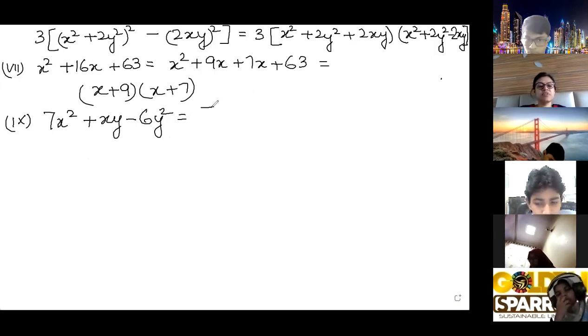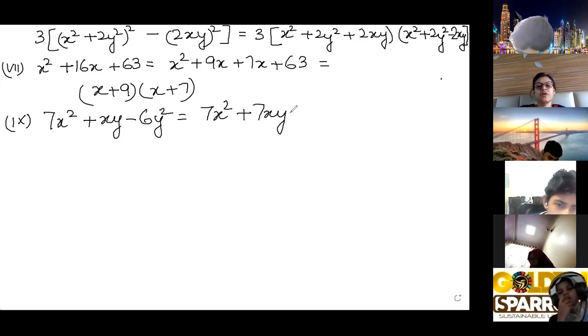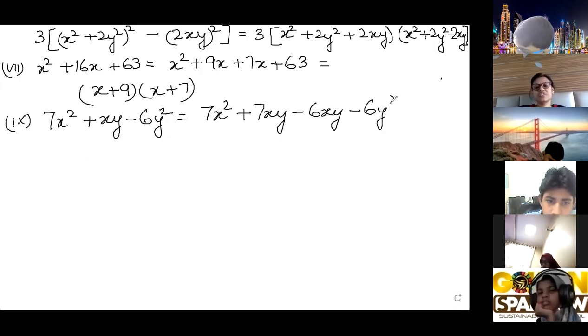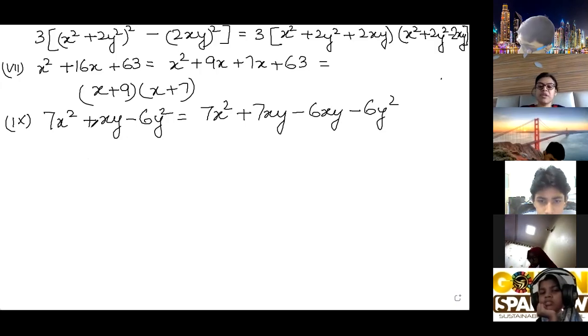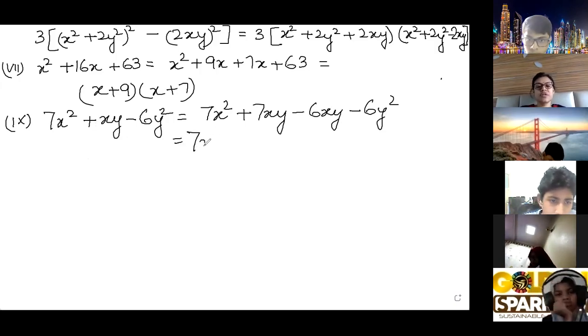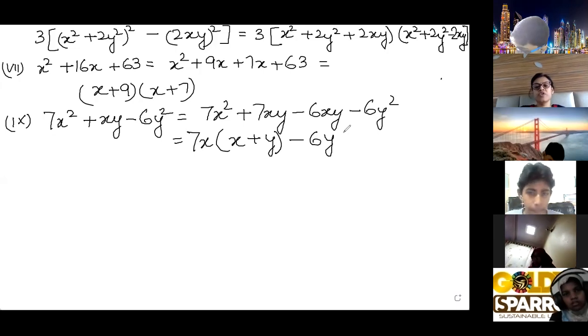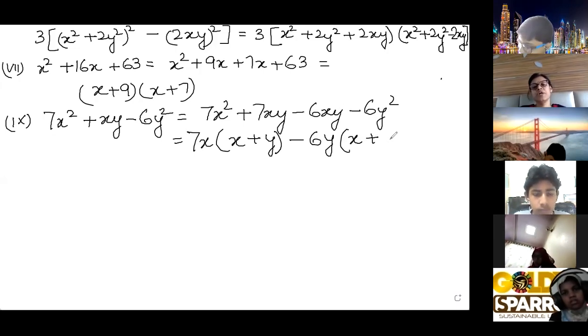So same thing: 7x square plus 7xy minus 6xy minus 6y square. 7 and 6 are 42, and 7xy and minus 6xy gives you plus xy, so the answer is correct. Take out 7x common: x plus y, minus 6y common: x plus y.